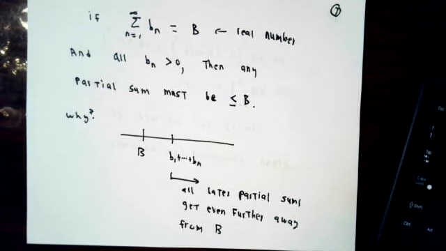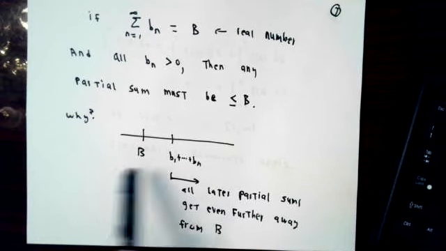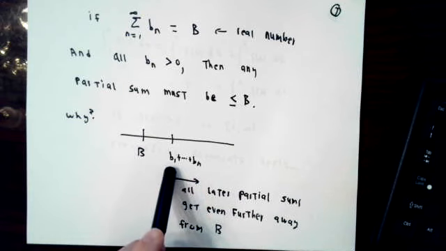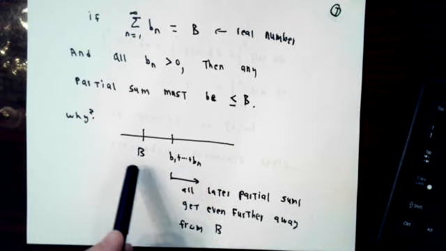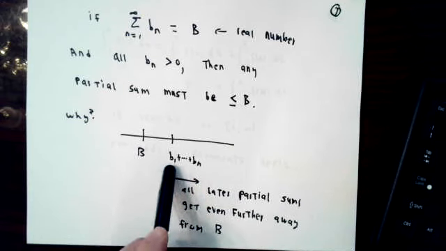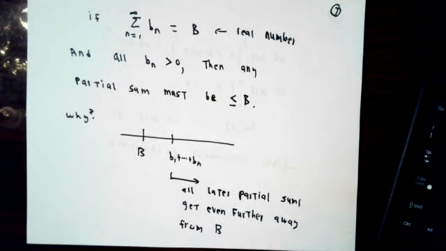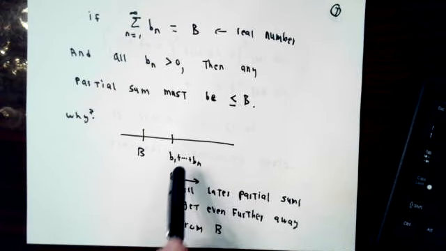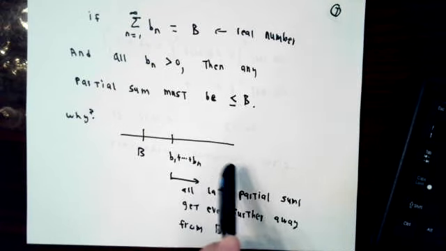The reason for that's clear though. Suppose that you had a partial sum, B1 out to Bn, and it was actually bigger than capital B. So I've represented it this way on the number line. This partial sum is a finite distance to the right from B. If you add more little b terms, since they're all positive, you're going to get even further to the right.